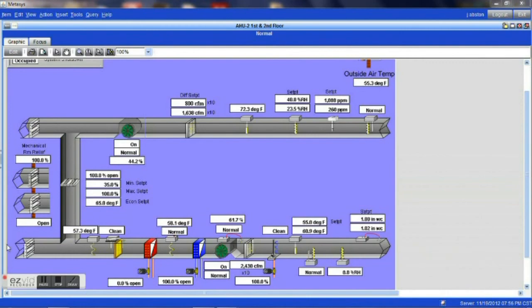Of course, you're going to be adding a minimum amount of outside air to maintain your CO2 levels. This type of system is very, very useful and very common for a lot of commercial and industrial applications.